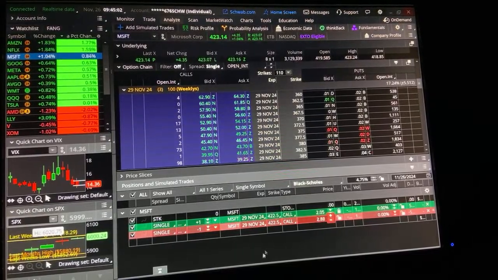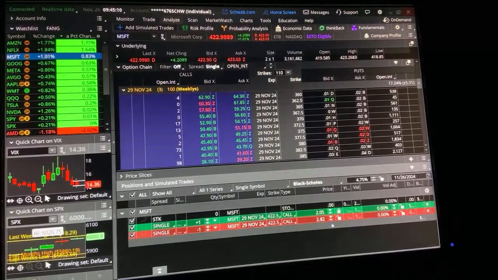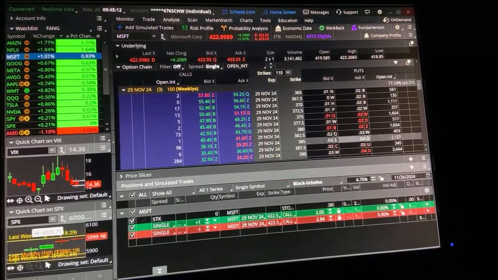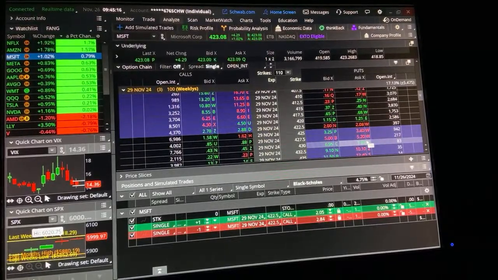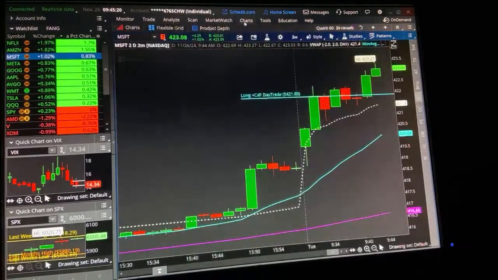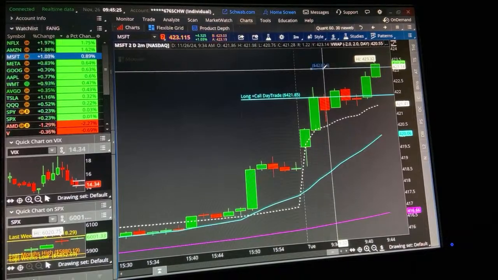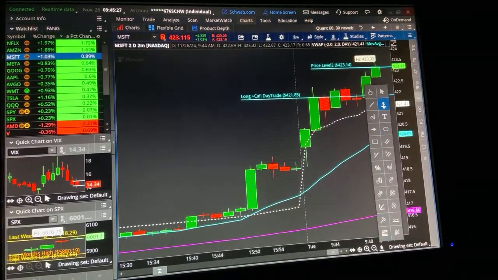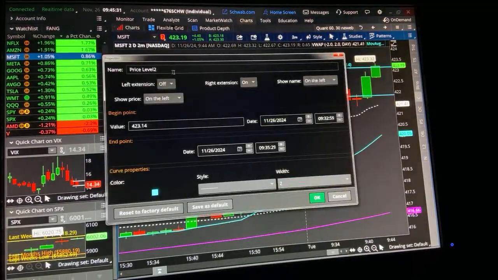Fuck. 284. Gave me some there. Nice little pump on Microsoft there. All right, not bad. Just pumped a new high right now if we want to TP a little some more.